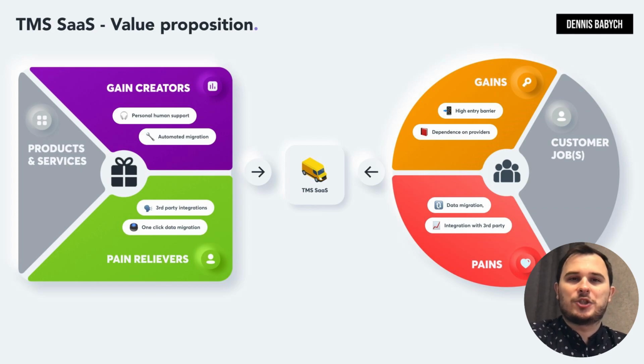You can provide solutions such as tailored but limited integration with third-party services, one-click data migration, personal human support assistance, and automated migration to another provider with ease. Look, when you prioritize the platform value for your audience up front and keep that at the core of everything you do, you're setting up your business for success.